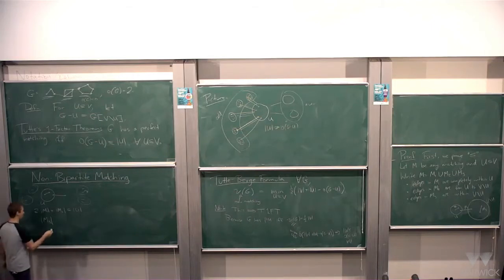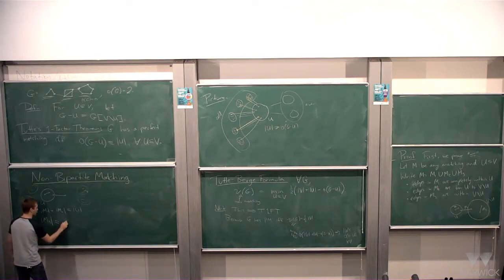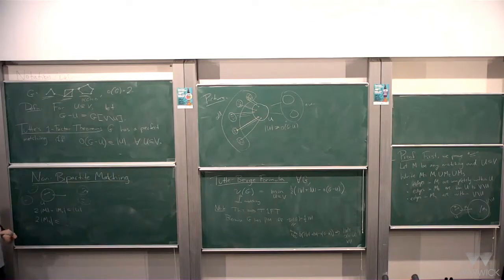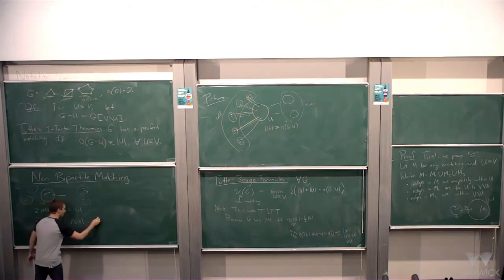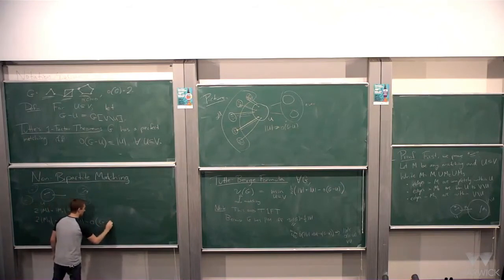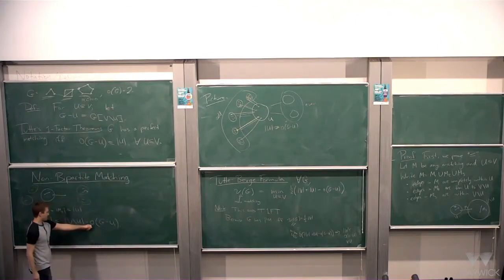Somebody got left out. So if I write 2 times M3, every edge in M3 hits 2 vertices, and in every odd component, somebody failed to get hit. So this must be at most the total number of vertices outside of U minus this, because in every odd component, somebody got missed.